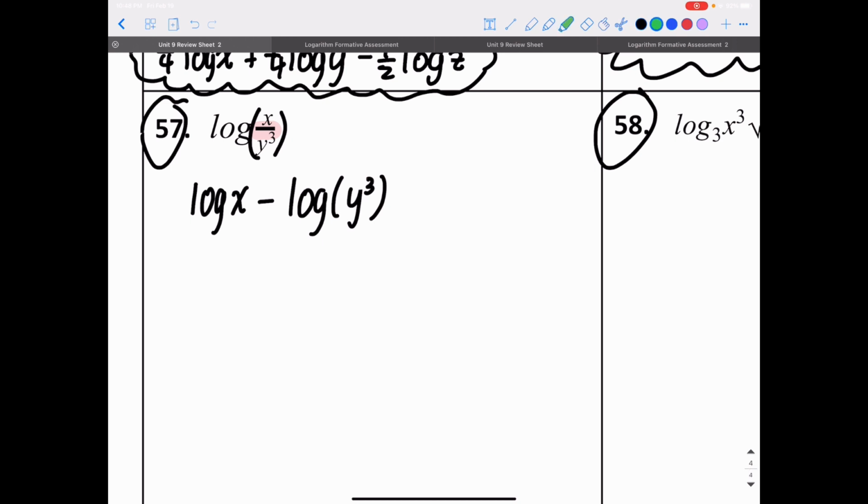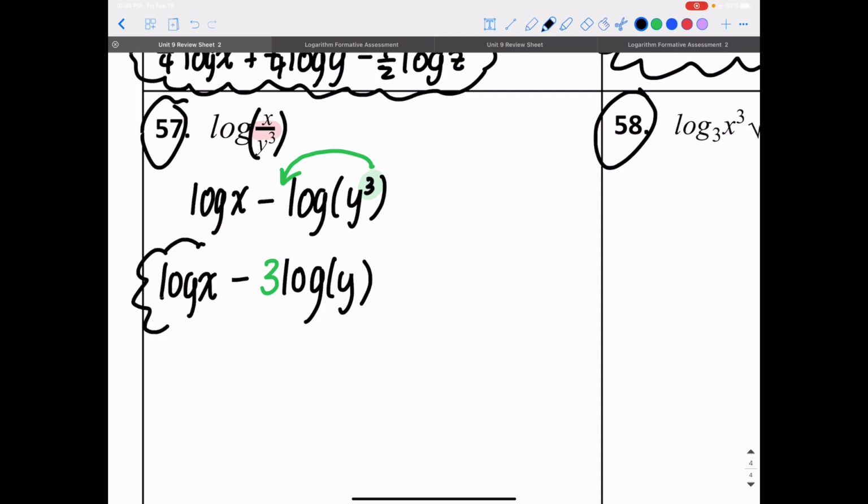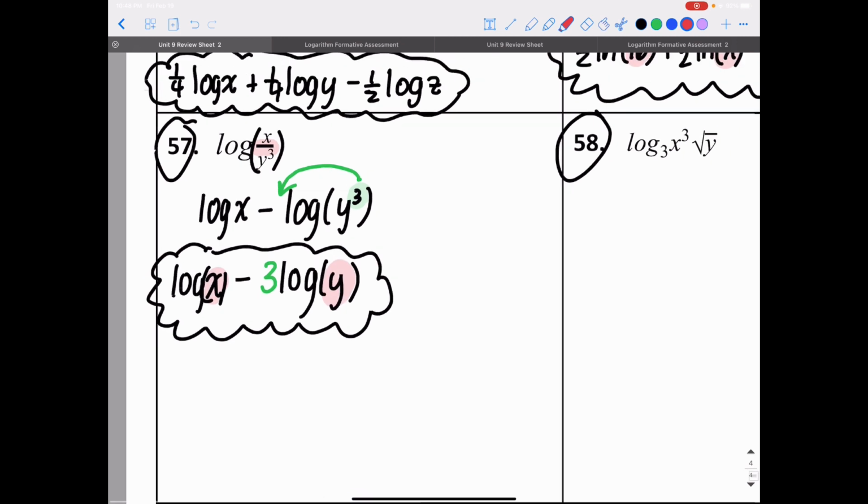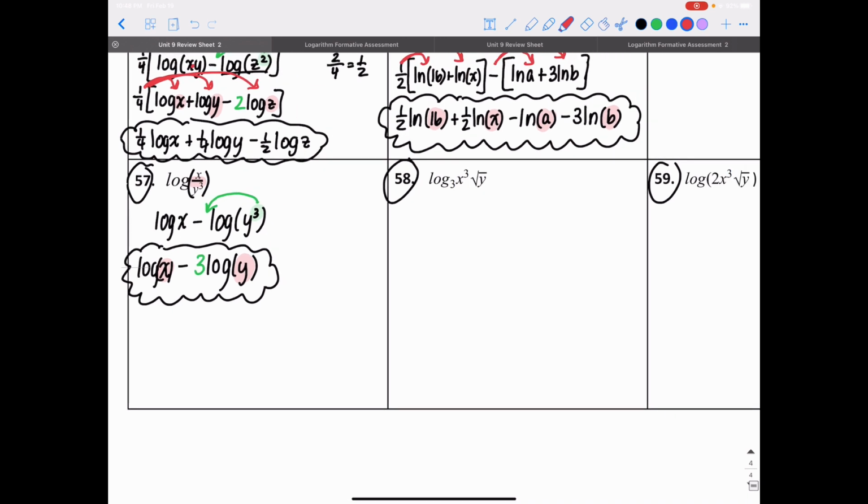I'm not allowed to have exponents in exponential form, so I'm going to take this exponent and move it to be a coefficient instead. I'm going to have 3 log of y that I'm subtracting from log of x, and this is my final answer. If I look inside of the logarithms, I only have a factor by itself, no multiplication or division, and I don't have any exponents.